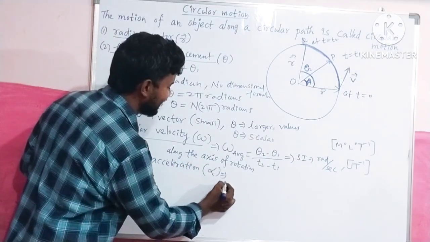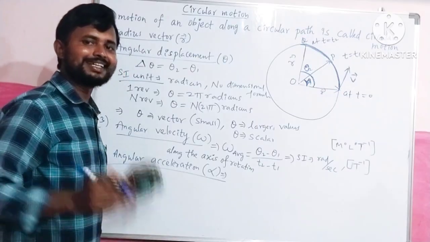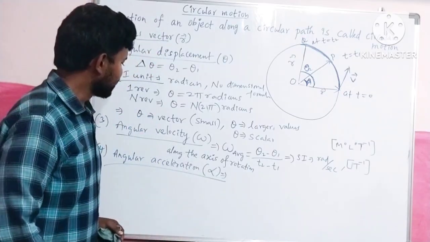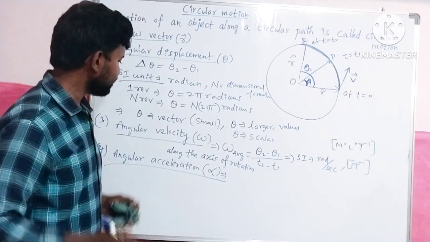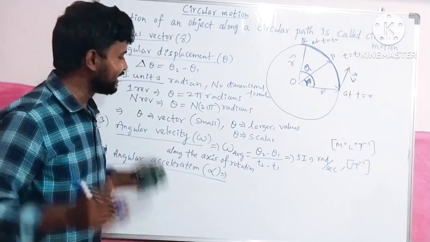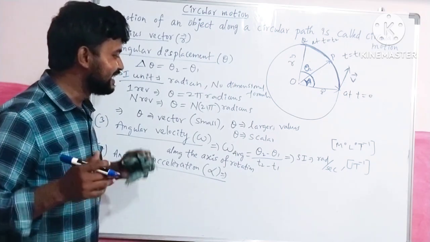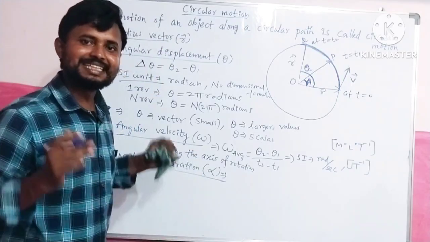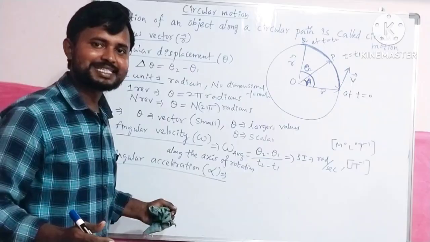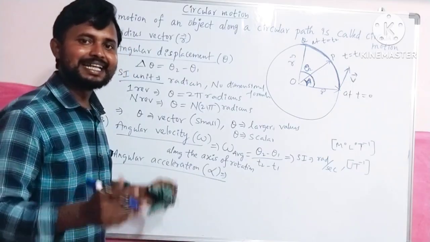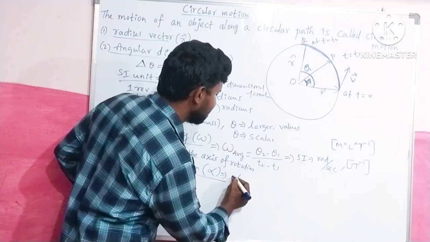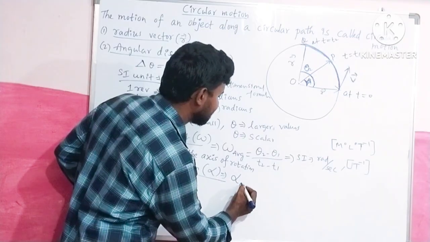Alpha is called angular acceleration. Angular acceleration is nothing but the rate of change of angular velocity per unit time. The change in angular velocity per unit time is called average angular acceleration.